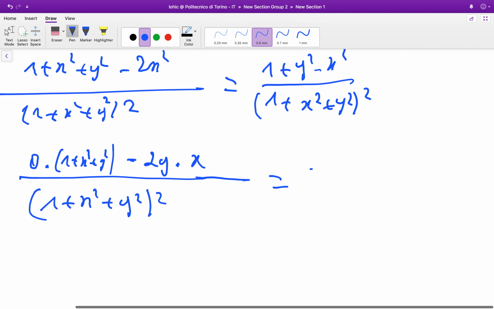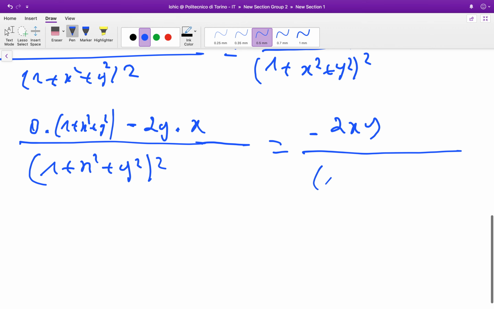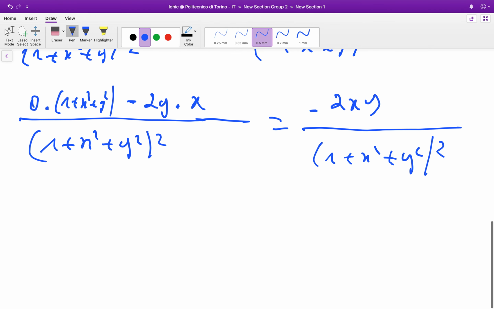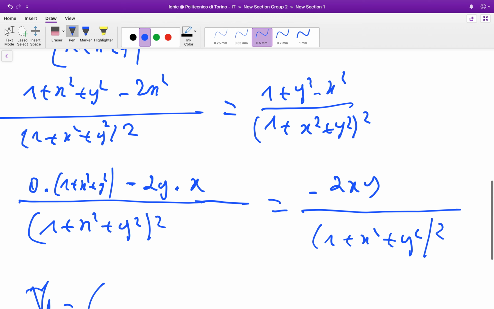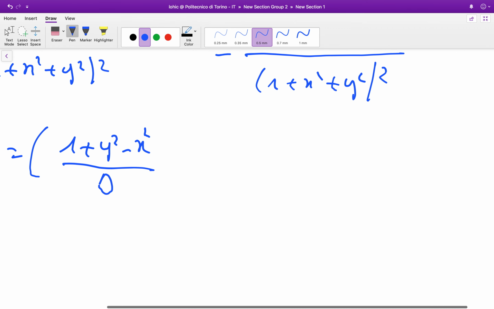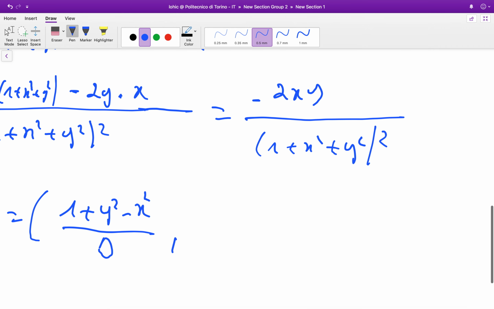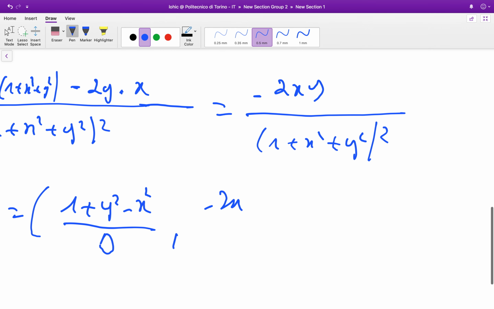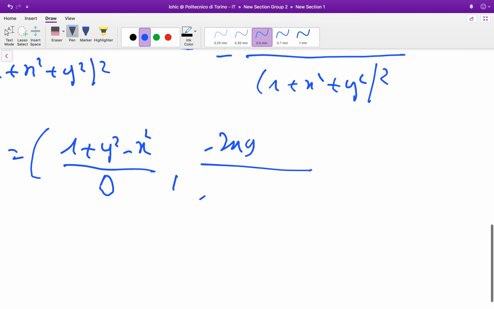So it's going to be minus 2xy over (1 plus x squared plus y squared) squared. So the gradient of the function f is (1 plus y squared minus x squared, minus 2xy), each over the denominator d.